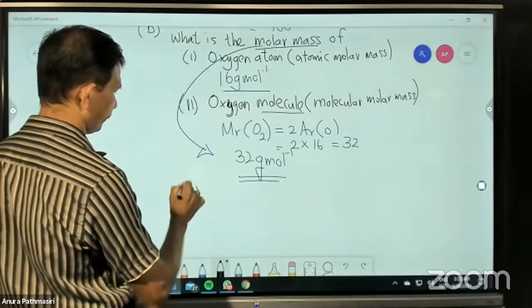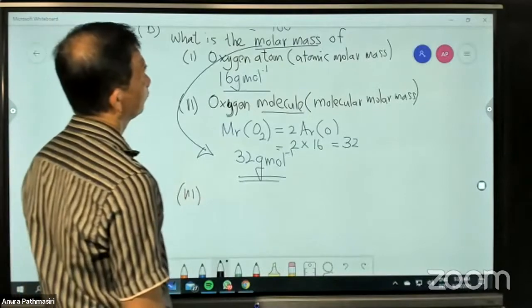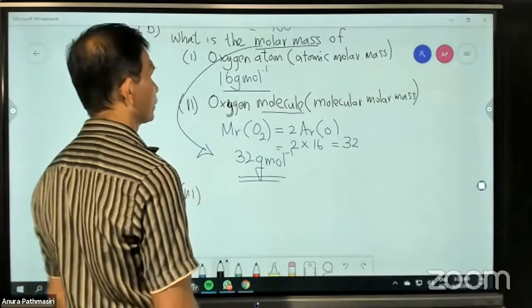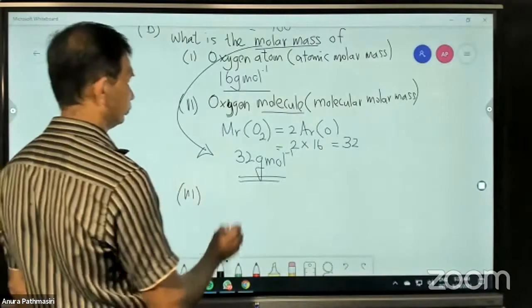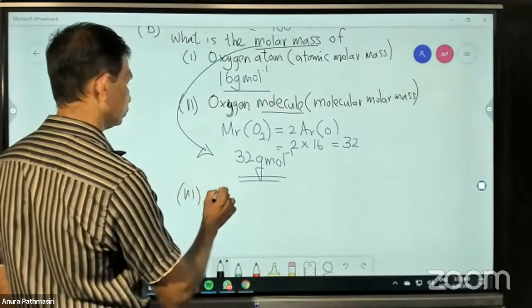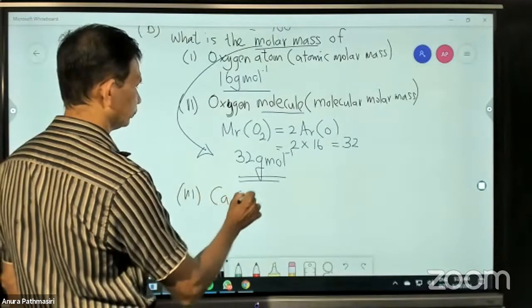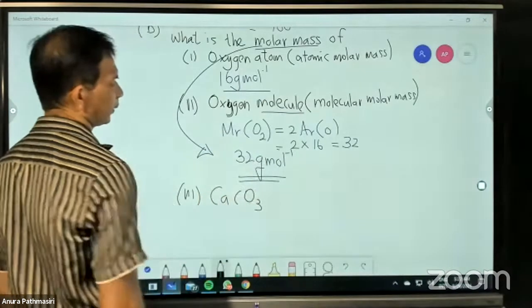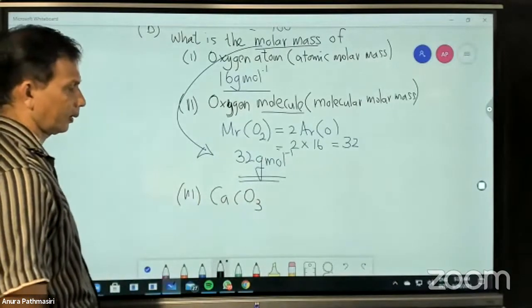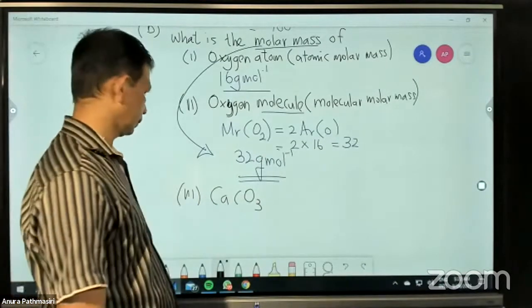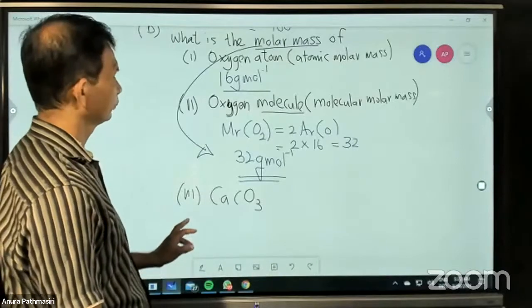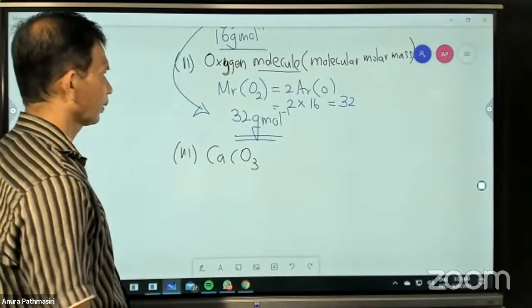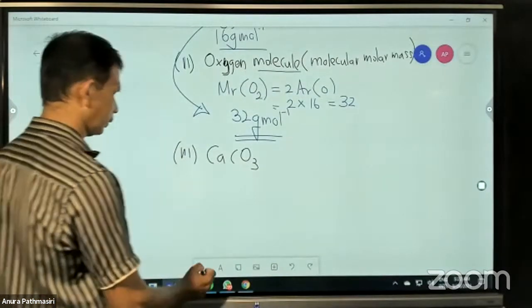Third, what is the molar mass of calcium carbonate? How can we find it out?